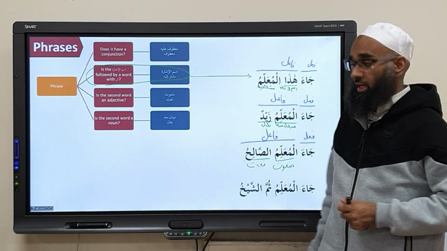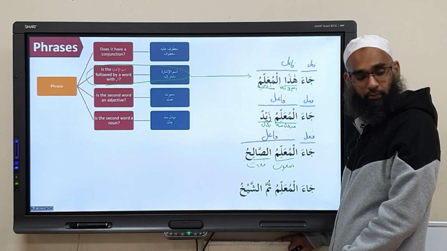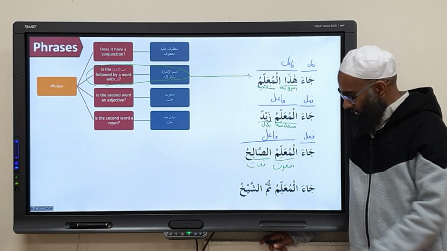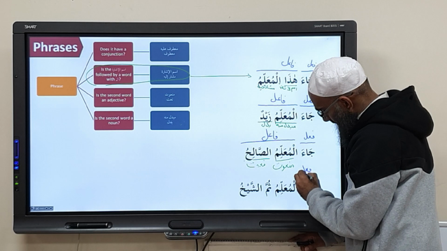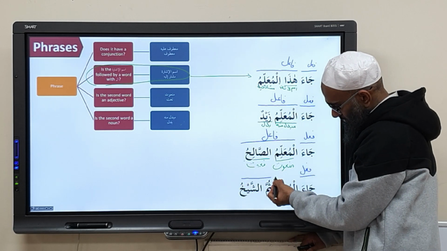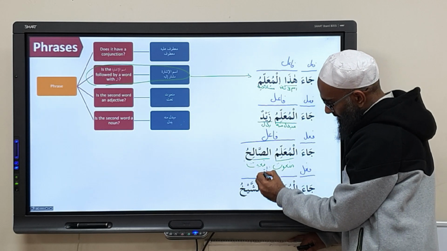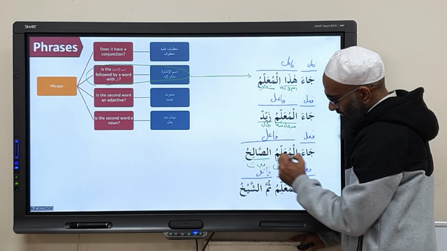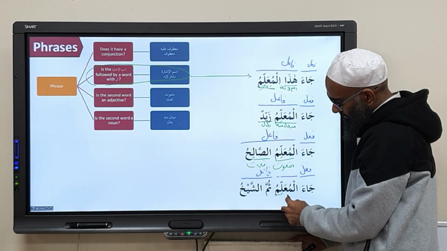Next one. Ja'a al-muallimu thumma al-shaykhu. Ja'a is a fa'il. Then? Al-muallimu thumma al-shaykh is the fa'il. Then? Why is it ma'tufun alayhi? I don't know. I don't believe you.